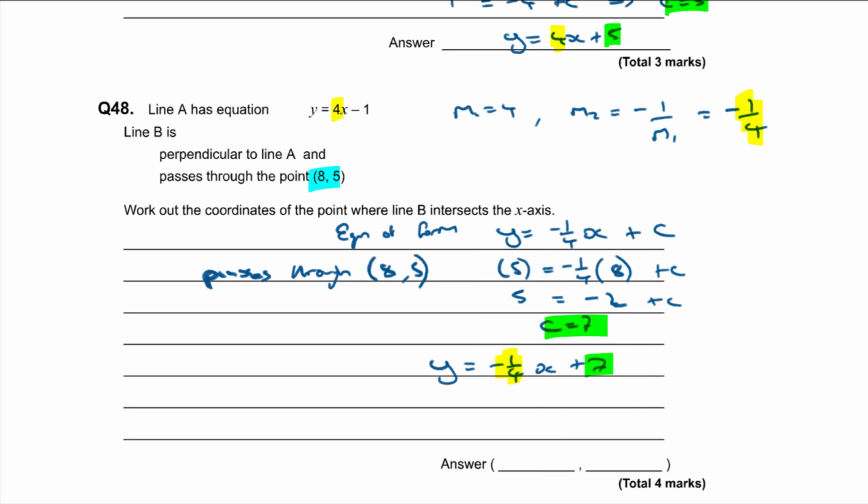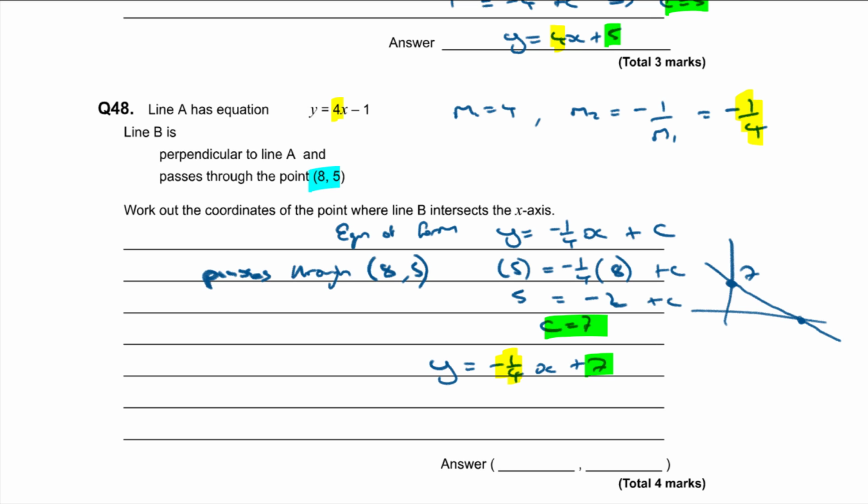Now, not done yet. Work out the coordinates of the point where B intersects the x-axis. So now this is an equation with a negative fractional gradient, so it's kind of slowly sloping down like this. We know this point here is 7 because it's the y-intercept. We want to know where it passes through the x-axis. This is the point down here. It's called the x-intercept.